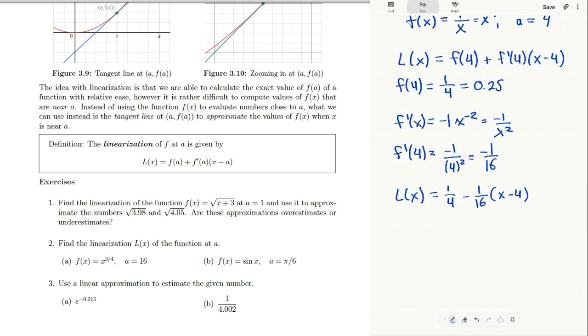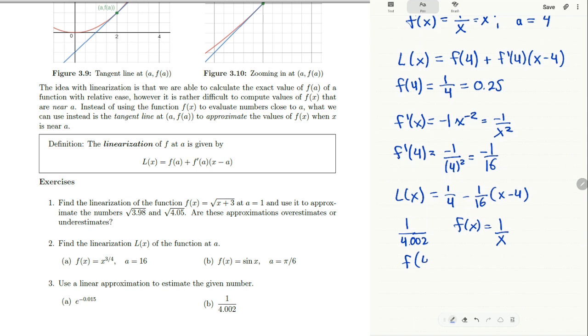So now let's use L of x to approximate 1 over 4.002. If the function is 1 over x, then what value do I need in order to get 1 over 4.002 when I substitute this into f of x?